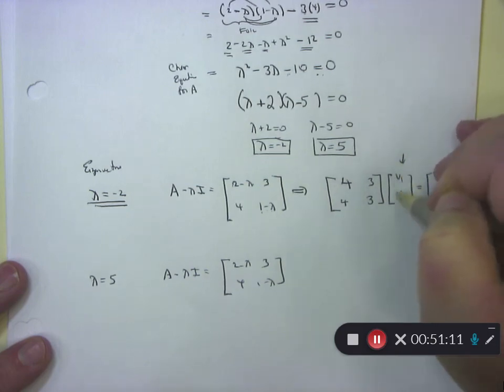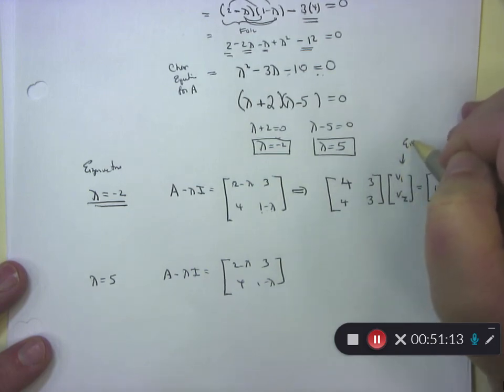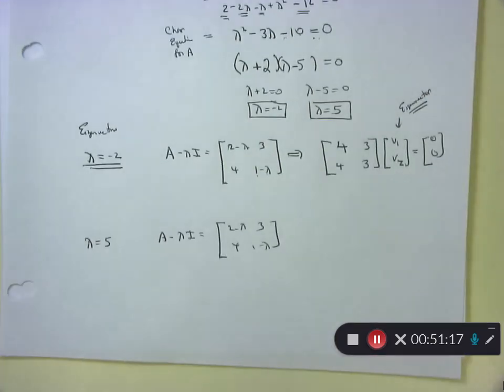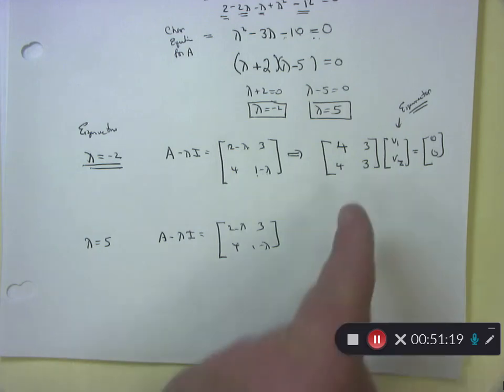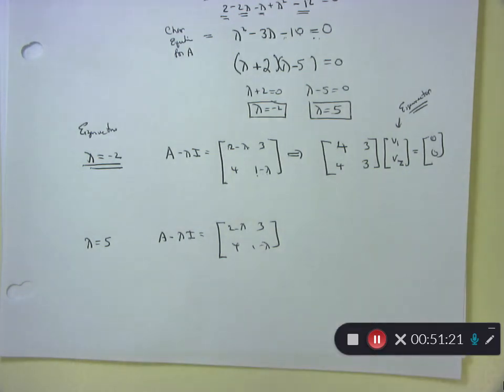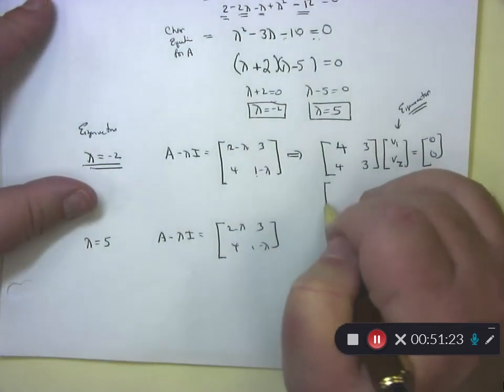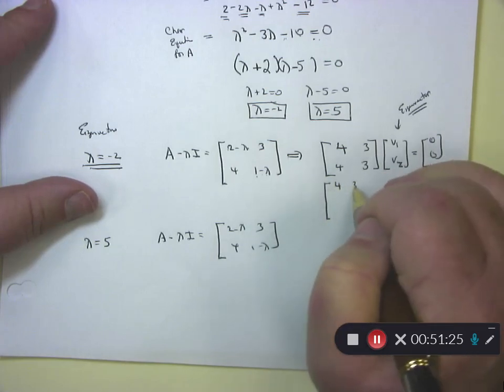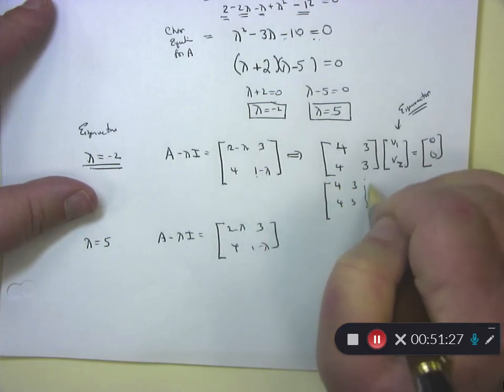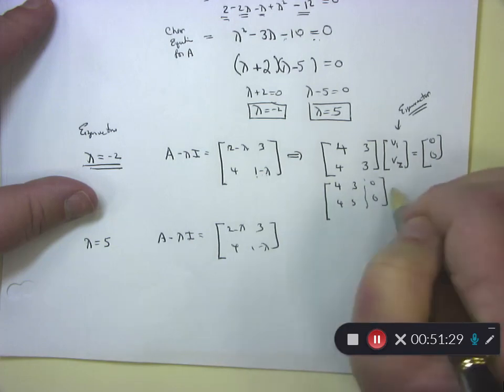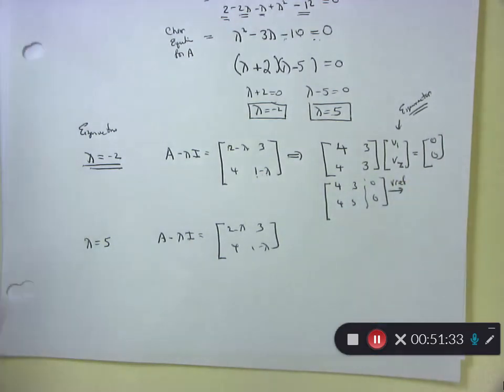When you solve for V1, V2, this is going to be your eigenvector. To solve a matrix equation equal to 0, you basically augment 4, 3, 4, 3 with 0, 0, and then you're going to do reduced row echelon form.